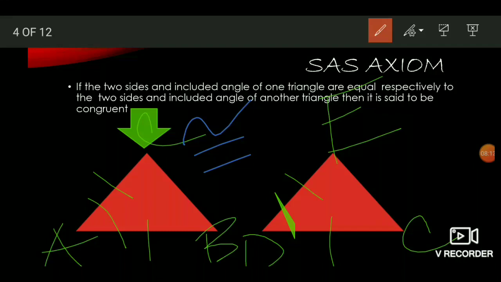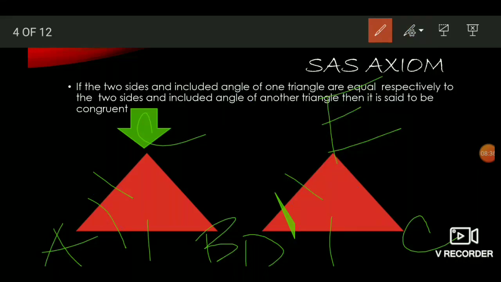Now it is a property that you have to remember: no other angles will be included, only the angle between the sides which are given equal. Suppose this side and this side are equal, and this side and this side are equal; then if the included angle is given equal, or you can prove those angles are equal, only then can we say these triangles are congruent.